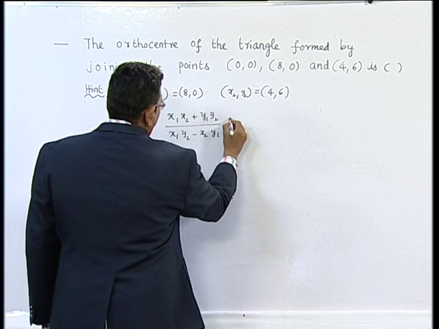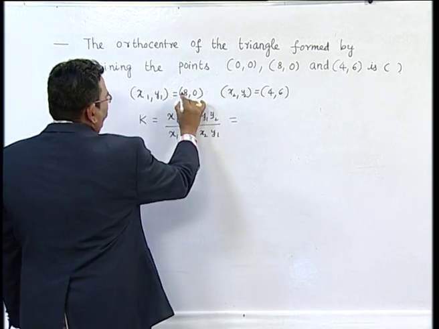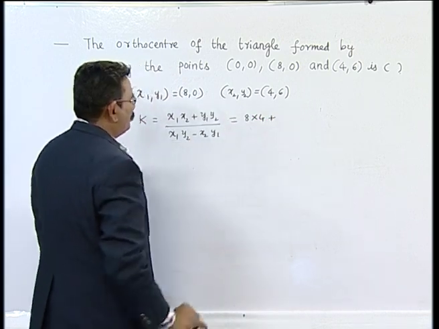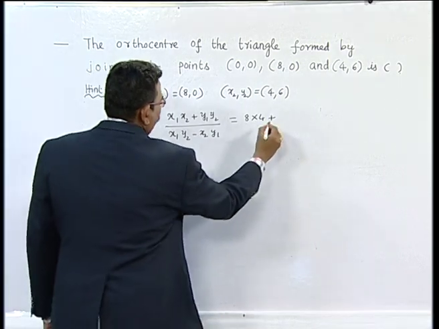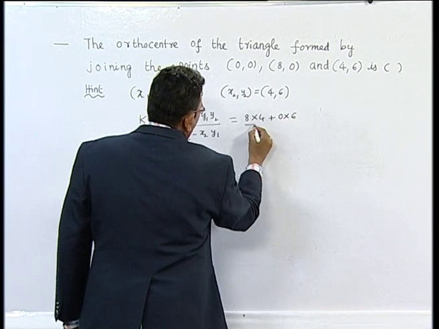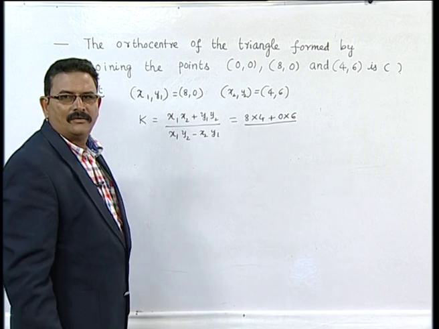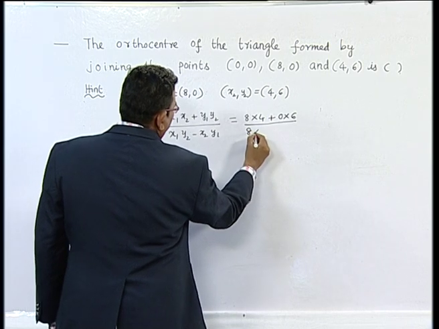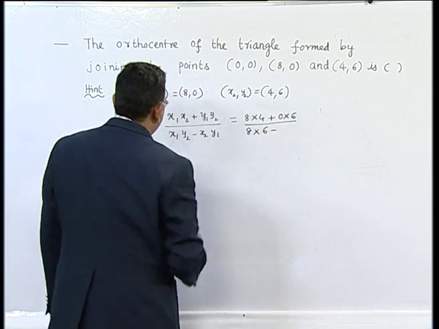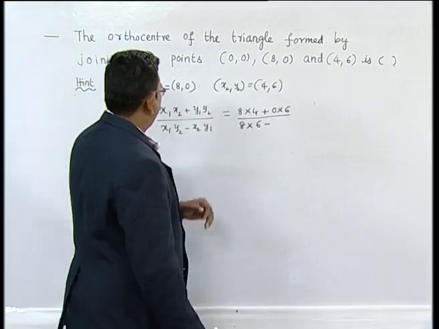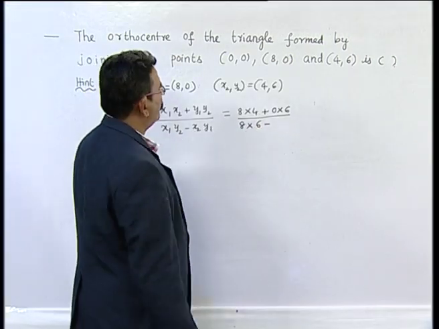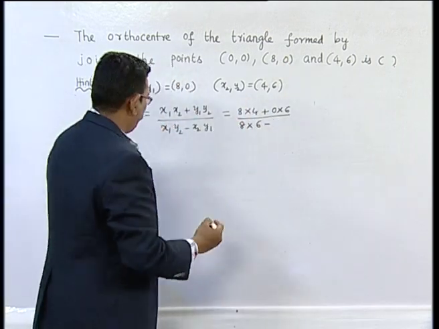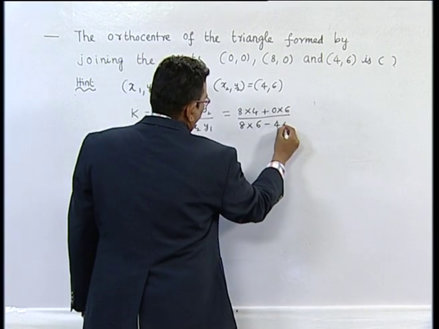This can be calculated as x1 into x2, 8 into 4, plus y1 into y2, that is 0 multiplied by 6, upon x1 y2, 8 multiplied by 6, minus x2 into y1, that is 4 times 0.